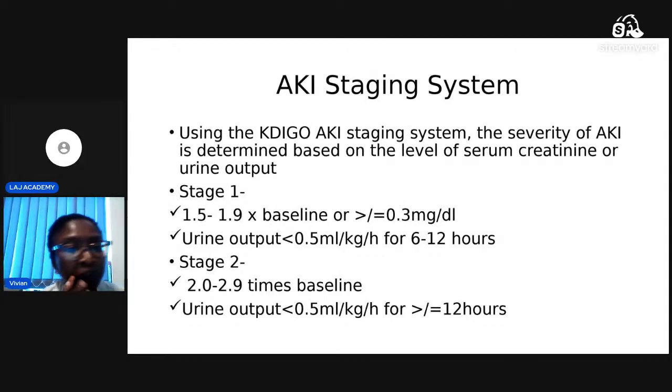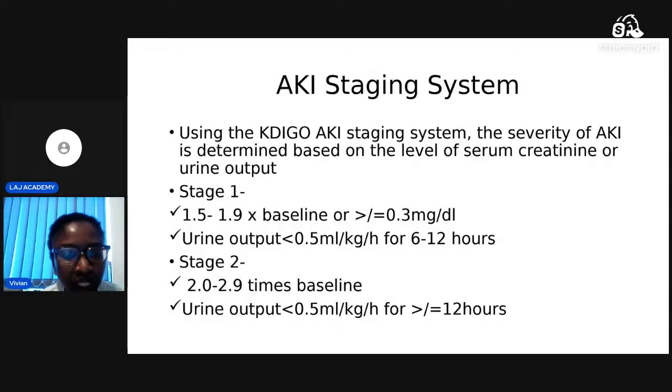For acute kidney injury, we can check the severity based on the level of serum creatinine or the urine output. According to the same system that gave the diagnostic criteria, KDIGO, you could use that to stage the severity of AKI.